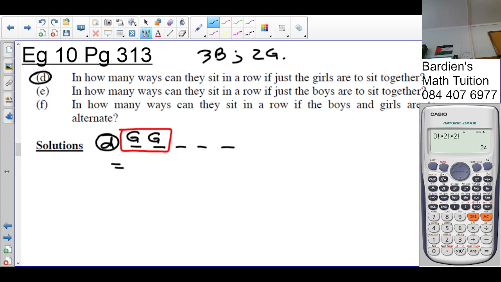This would be 2 factorial times 4 factorial. Yes, why? So that by binding them makes them 1 bit. So that's going to be 1, 2, 3, 4. So it will be 4 factorial.